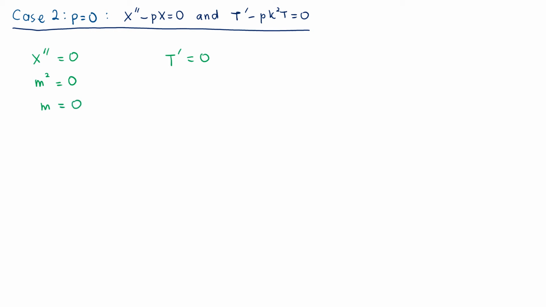Since it is equal real roots, the function of x will be equal to a plus bx times e to the power of mx. But since m is equal to 0, this will be equal to 1. So we have the function equals a plus bx.